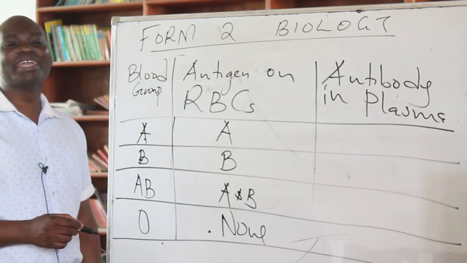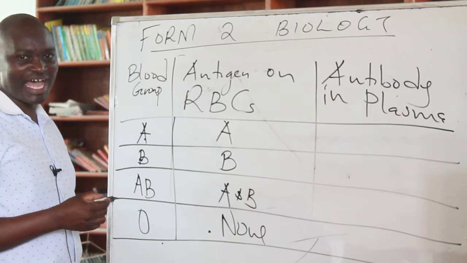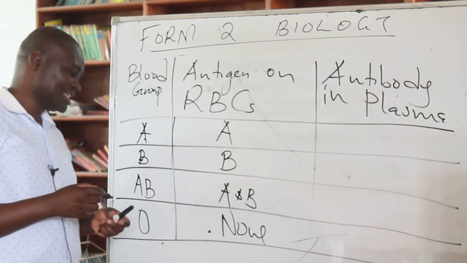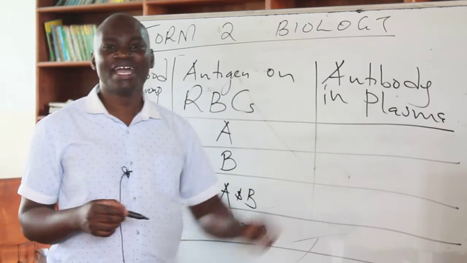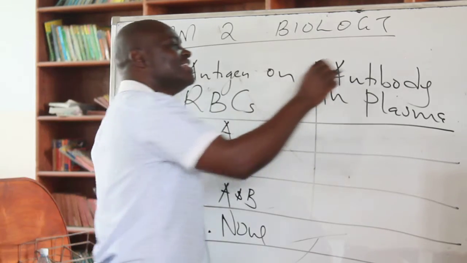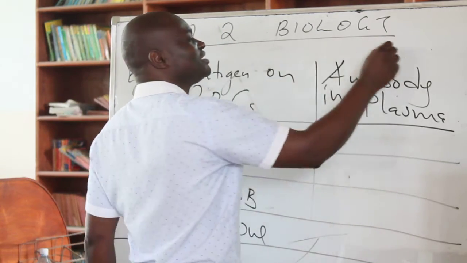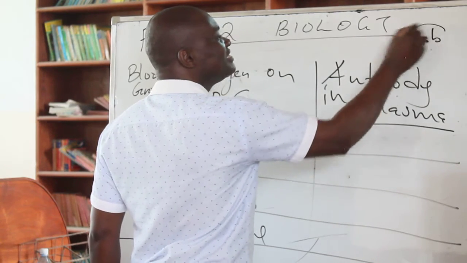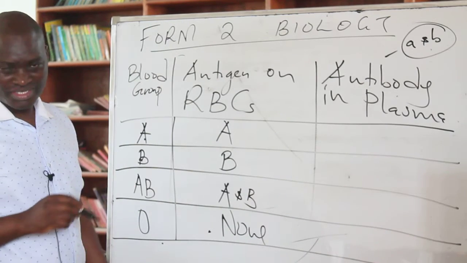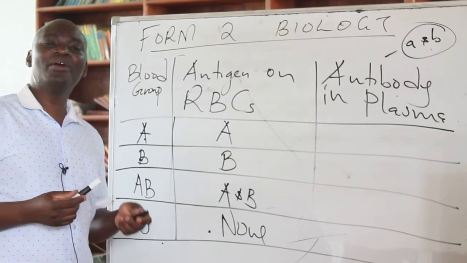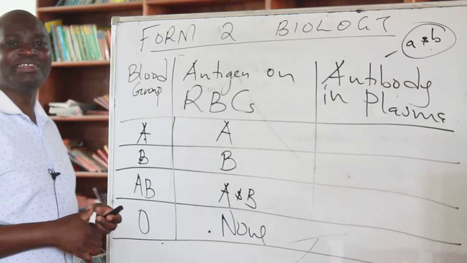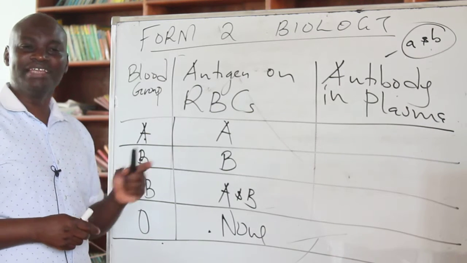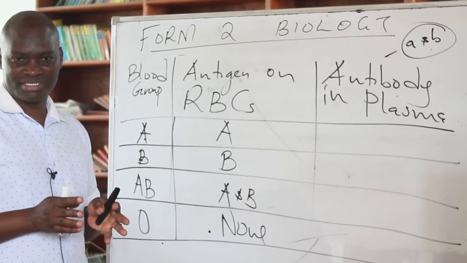And now we are bringing in the antibodies, that the plasma has proteins called antibodies. These antibodies are named using letters. We have two types: antibody A and antibody B. One thing about the antigen and antibody relationship is that the antigen and antibody should not correspond.